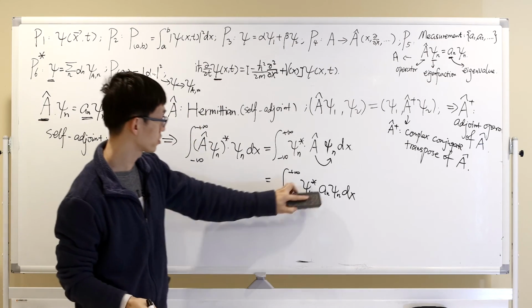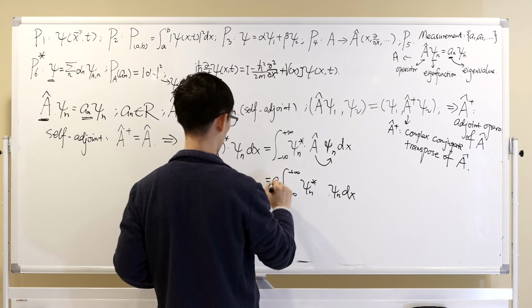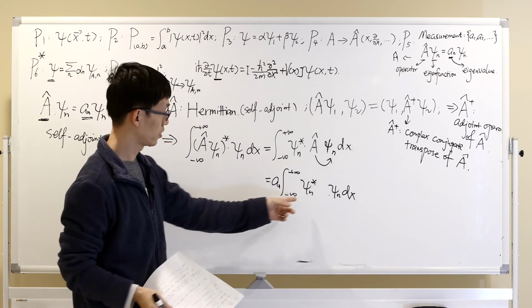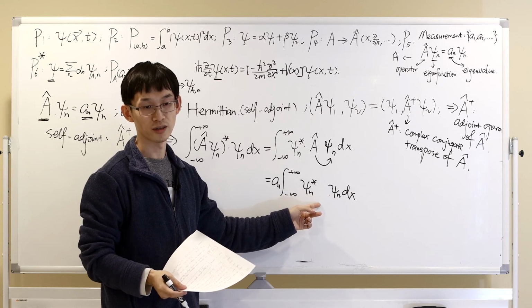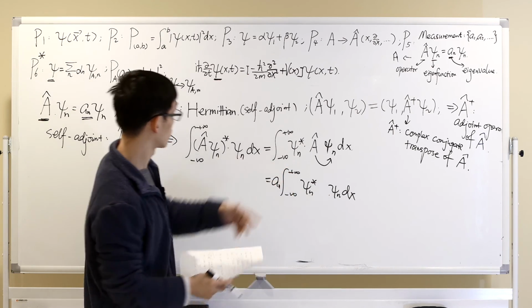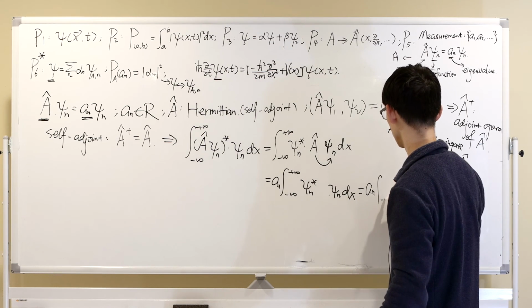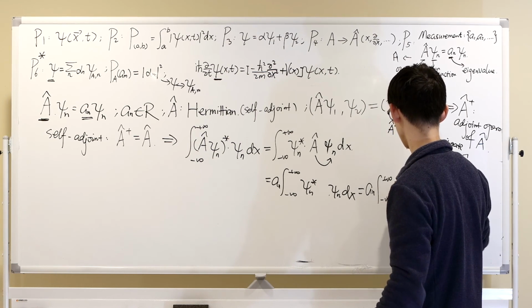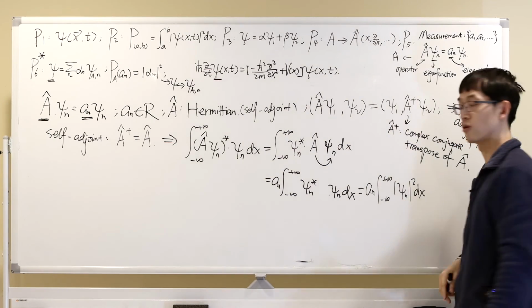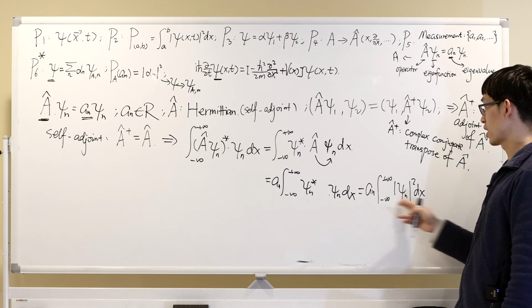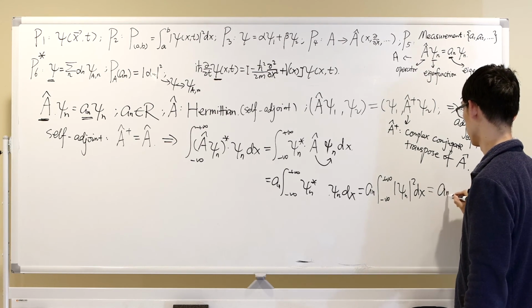And then an is just a number, so you put it in front, and then you do this integration. This is just the normalization condition. We know that all wave functions have to be well normalized, so this is 1, and the result equals an.